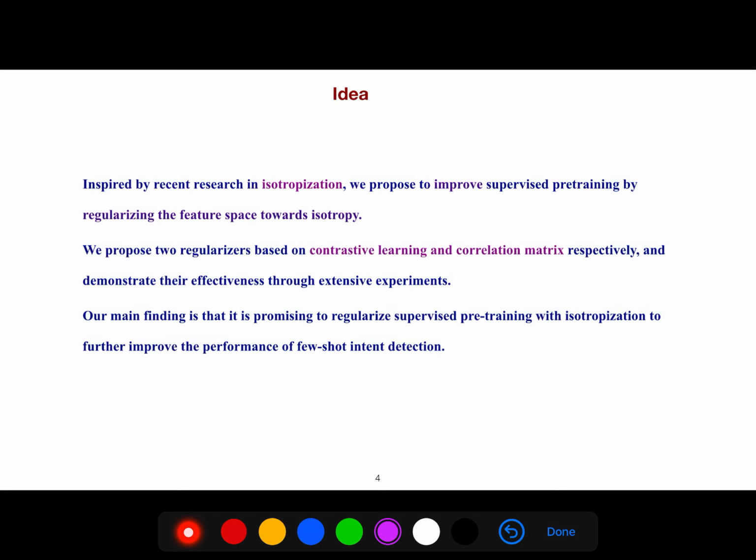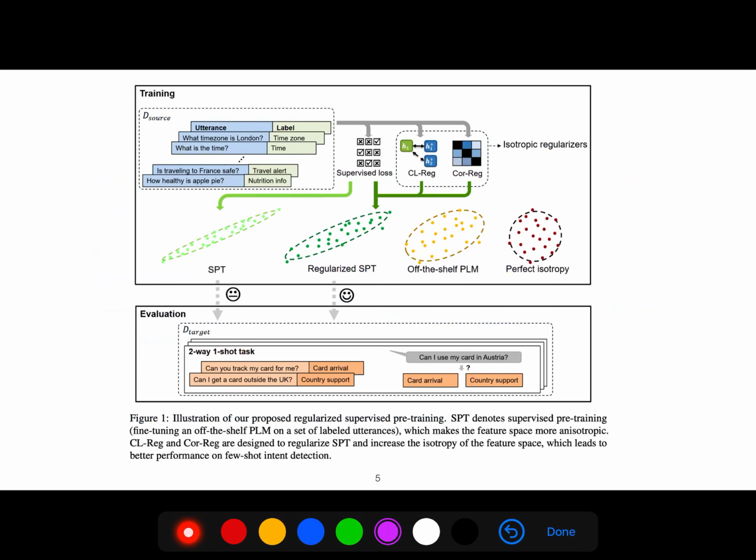Our main finding is that it is promising to regularize supervised pre-training with isotropization to further improve the performance of few-shot intent detection.